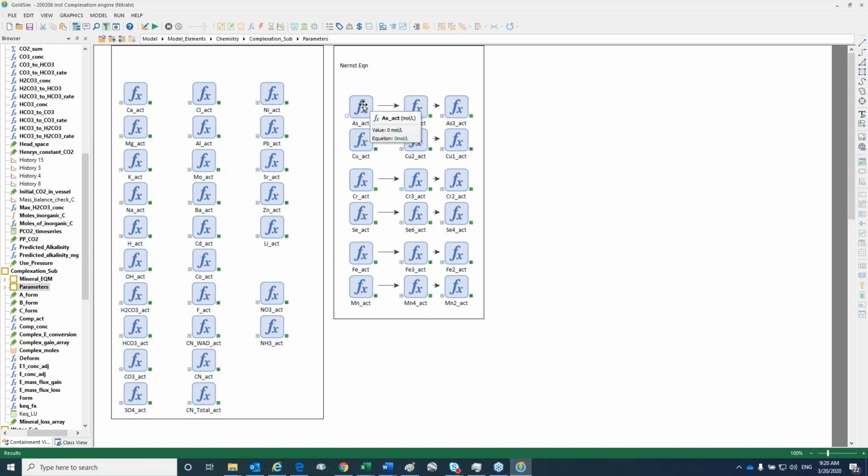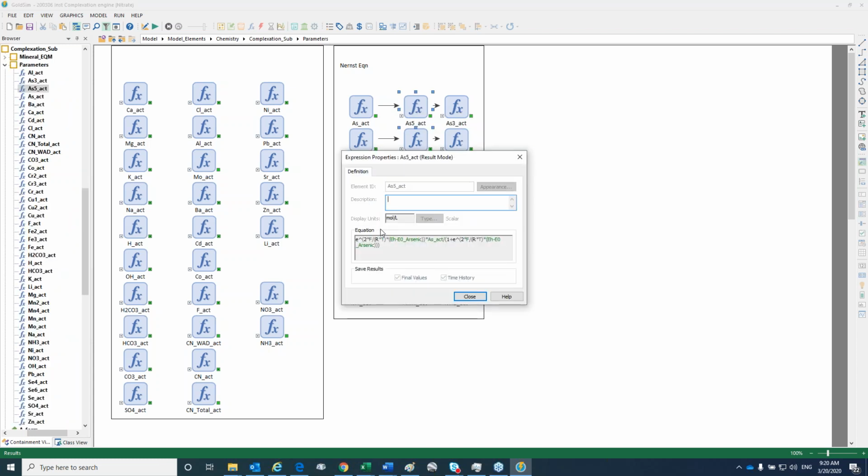It looks like a couple of these aren't actually set up, but that's okay, because the actual Nernst equation application is still valid. The way the Nernst equation works is we're taking the EH that we're assuming in the solution, which is just calculated off the pE. Then we subtract the E naught value of arsenic, a known standard potential at 25 degrees and standard pressure.